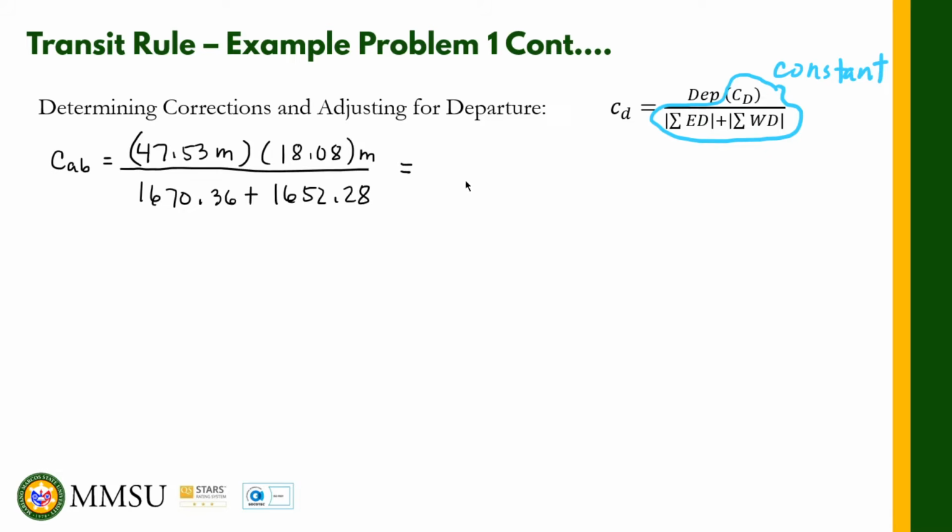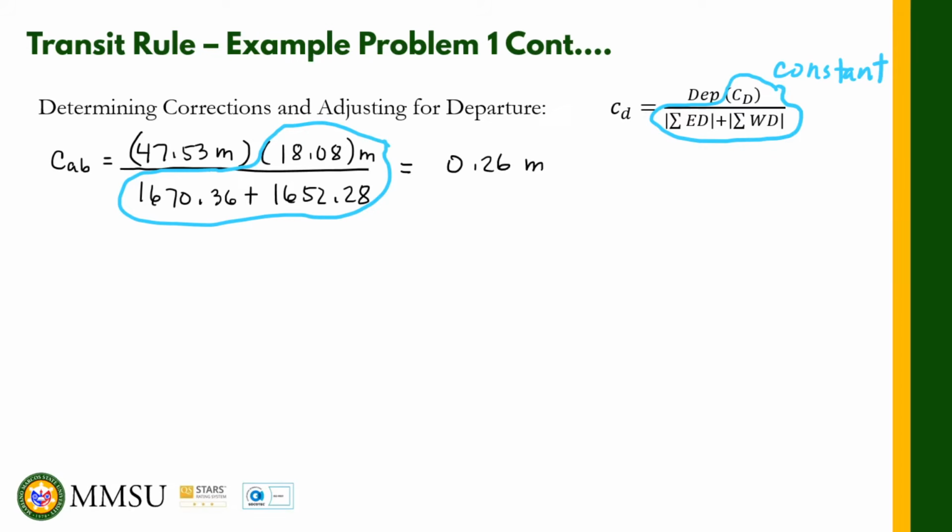Okay, and we should come up with 0.26 meters. Okay, I reiterate, you can solve this at once. Store this in your calculator so we can just multiply it to the departure of each course later on so that solving will be easier.